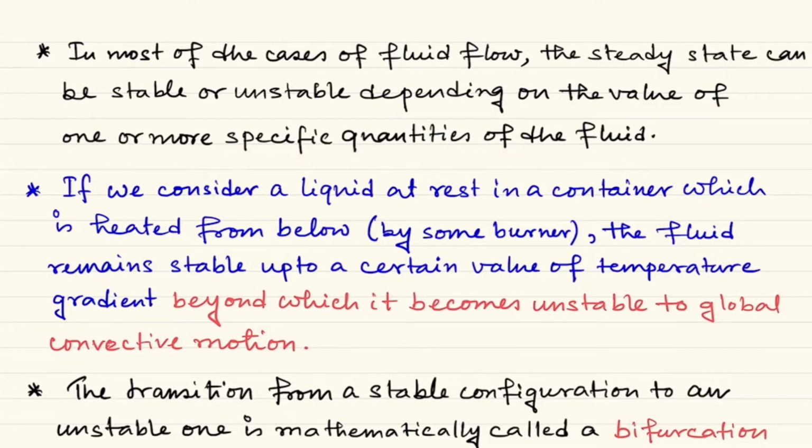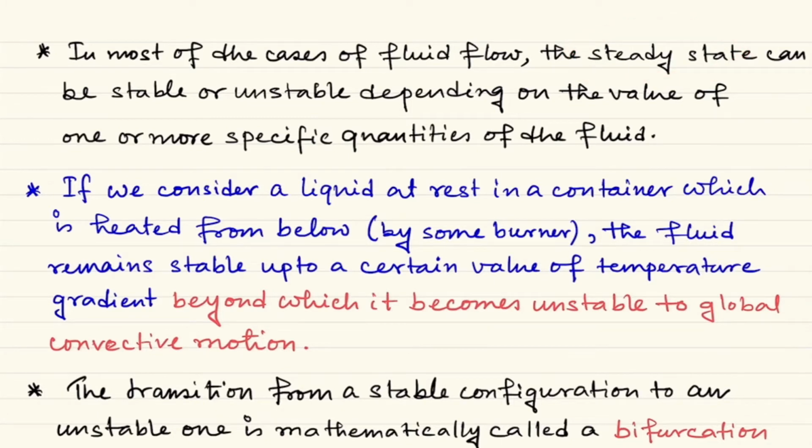If I ask you whether a steady configuration of a fluid is stable or unstable, the answer is, well, it depends on the values of different quantities of the fluid. Depending on the relevant quantities for the stability of the fluid, the nature of the steady state can change from stable to unstable, or from unstable to stable.